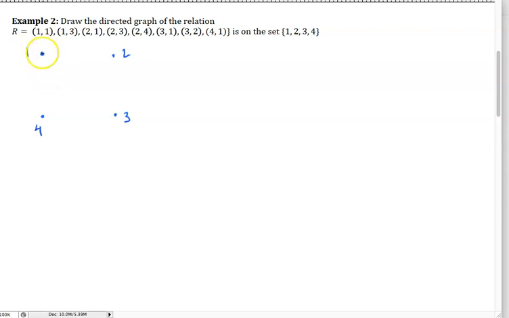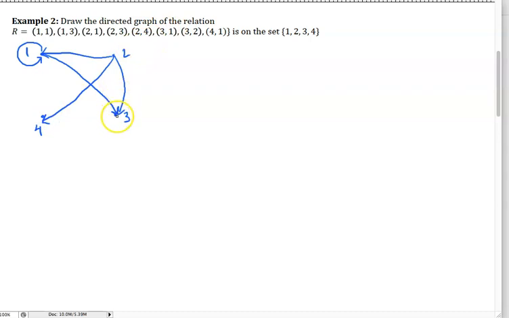1 goes to 1 means that you have a loop. 1 goes to 3, 2 goes to 1, 2 goes to 3, 2 goes to 4.